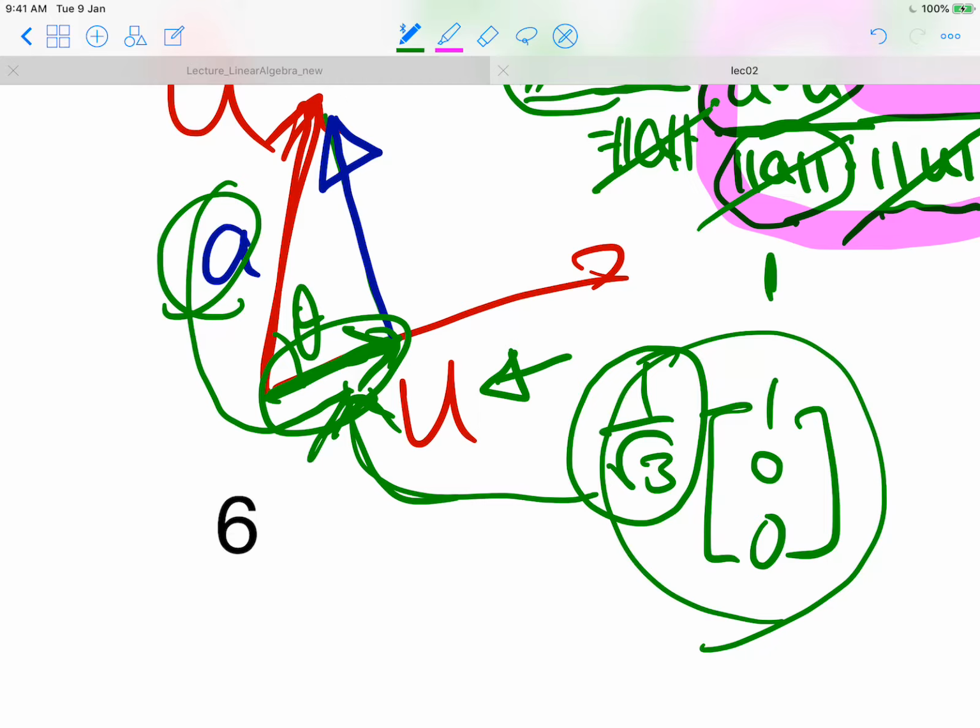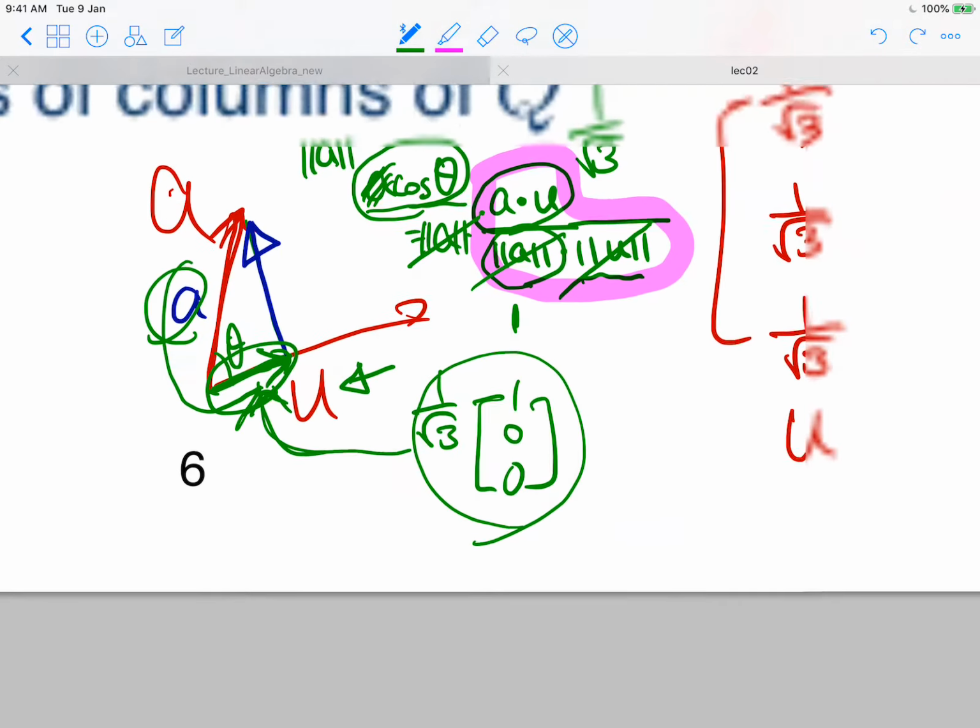But so far we only computed the length of this vector, so we have to multiply it with the direction. What is the direction pointing to that? That is just U, right? So this part should have been U. Where is U?